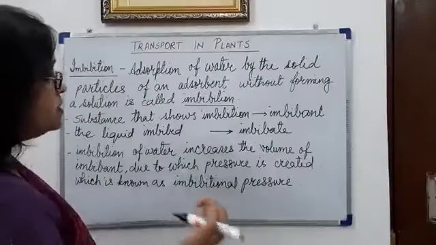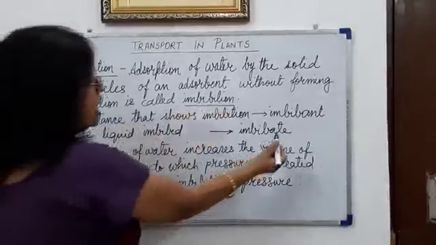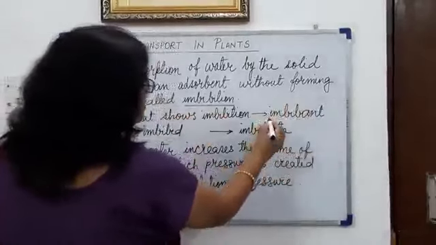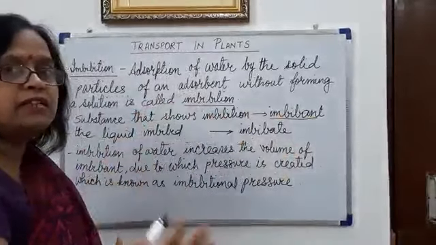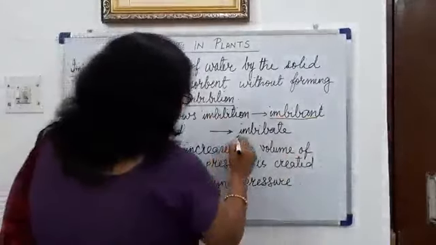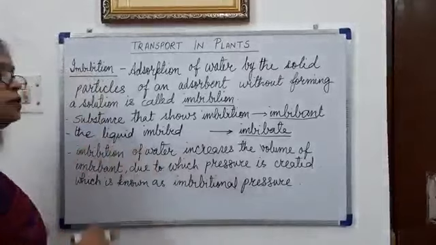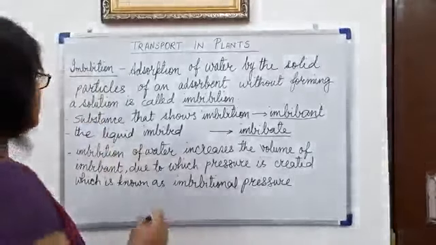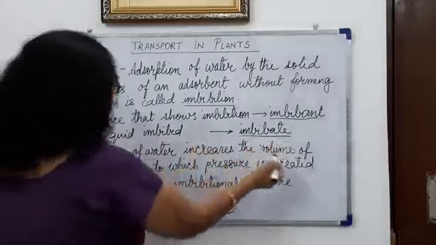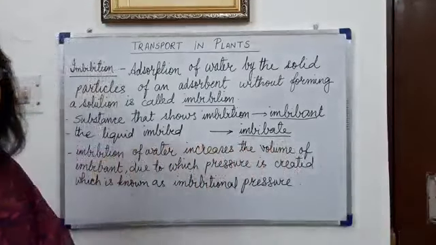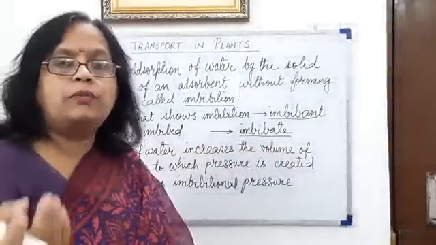The substances which show imbibition are called imbibants, and the liquid which is being imbibed, that is the water, is called imbibate. Due to imbibition, water increases the volume of the imbibant, that is the cellulose or protein.